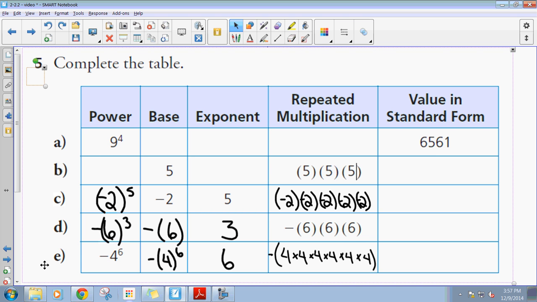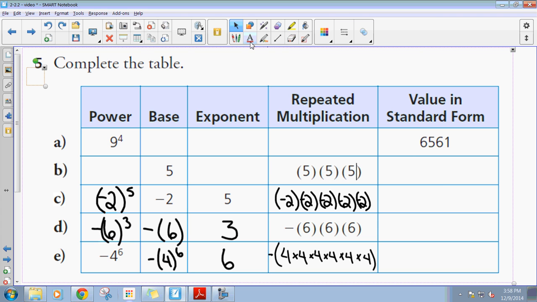When we look at these answers and the breakdown, we can start to predict whether or not the value in standard form is going to be a positive or negative number. In this first one, I had a positive number and an even exponent, so I had a positive answer. In the second one, I had a positive base, and it repeated 3 times.